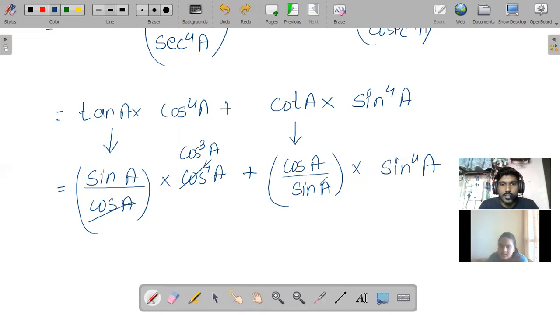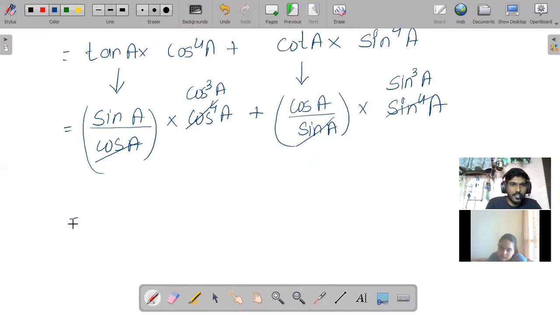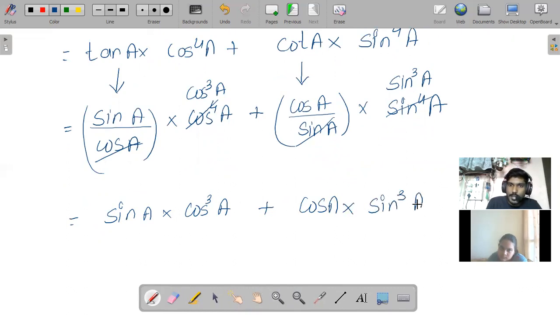So it will become sin raised to 3A, sin cube A. So we'll just rewrite it. I'll get sin A into cos cube A plus cos A into sin cube A.